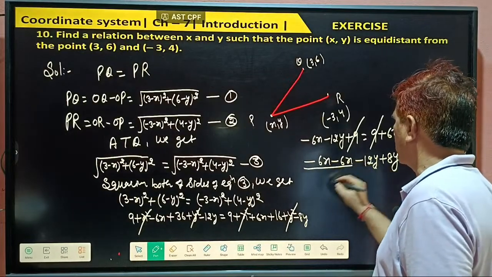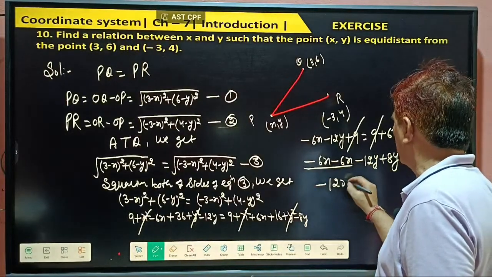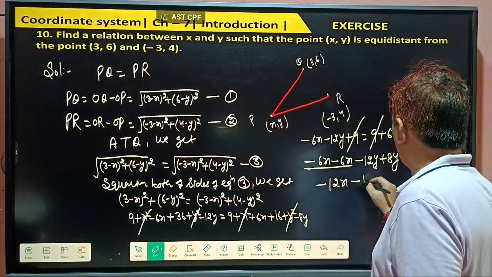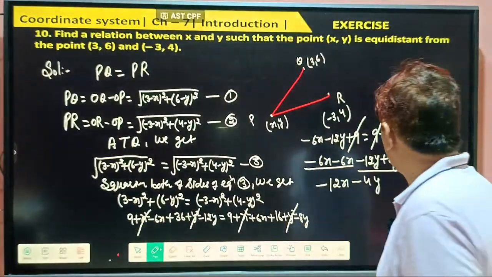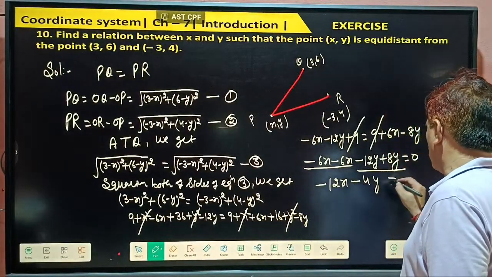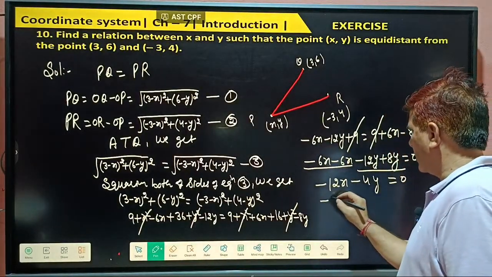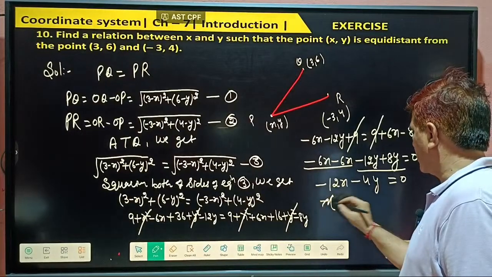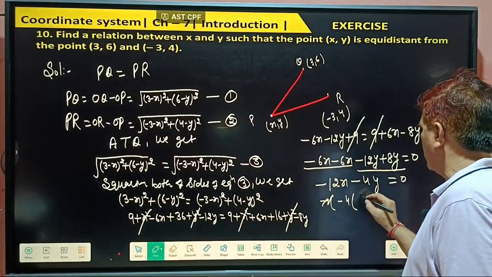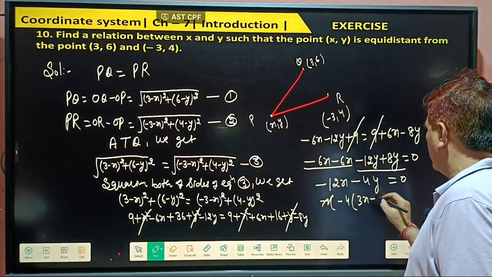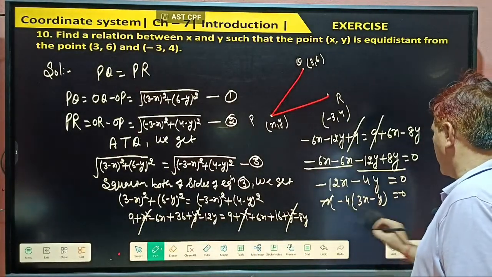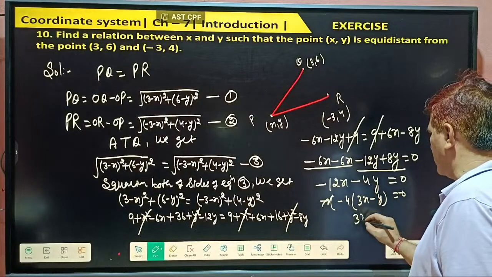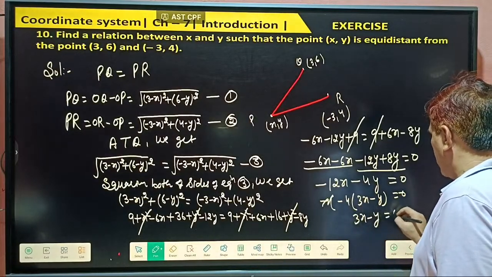So both have the same sign, minus 12X minus 4Y, 12Y of minus, 8Y of plus. So this is equal to 0. So take minus common, minus 4 you can take common. So 3X minus Y is equal to 0. Taking it to this side, it becomes 0. So we can say 3X minus Y equal to 0.